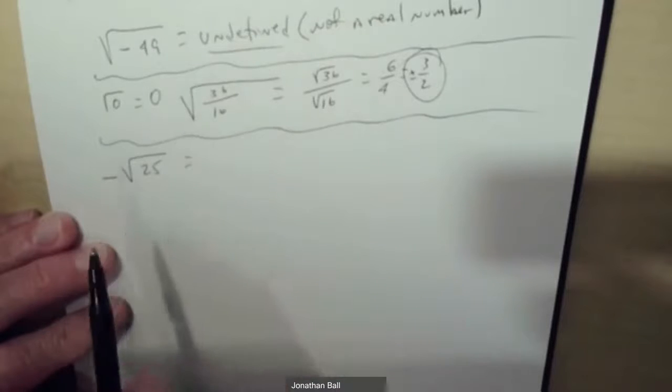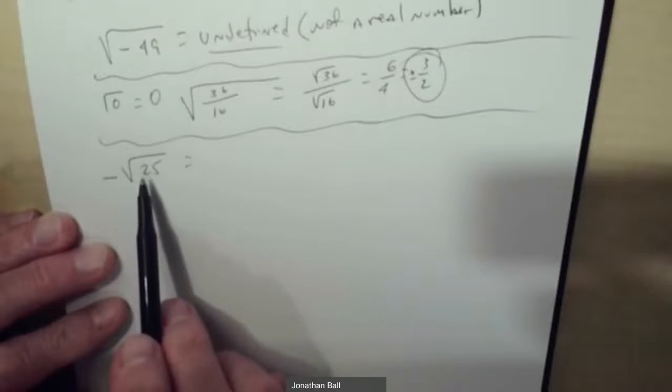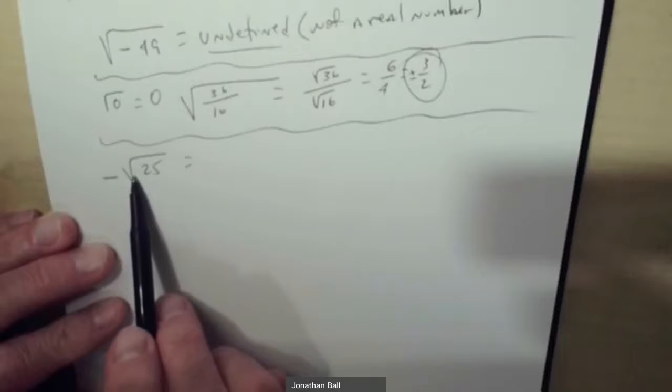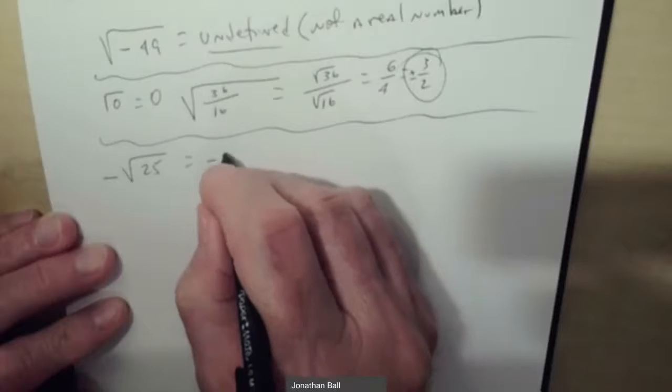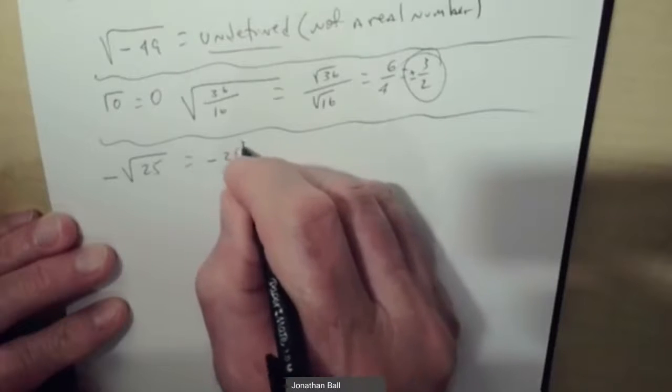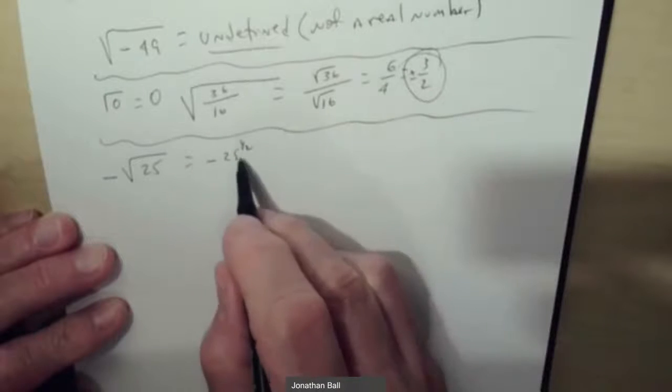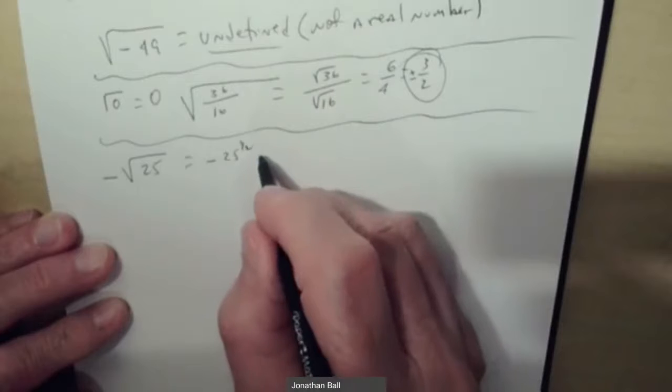Now look, this is nothing more than order of operation. Now the radical is equal to minus 25 to the 1/2 power. And we're going to go into this a little bit later.